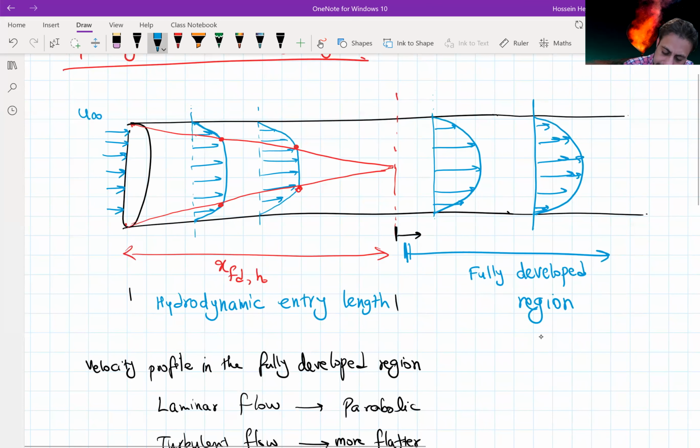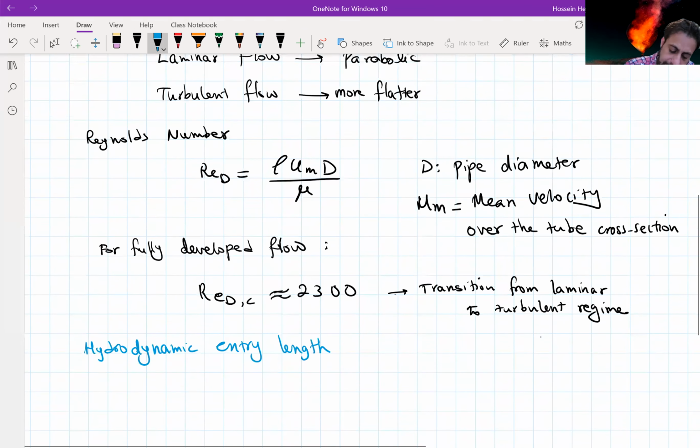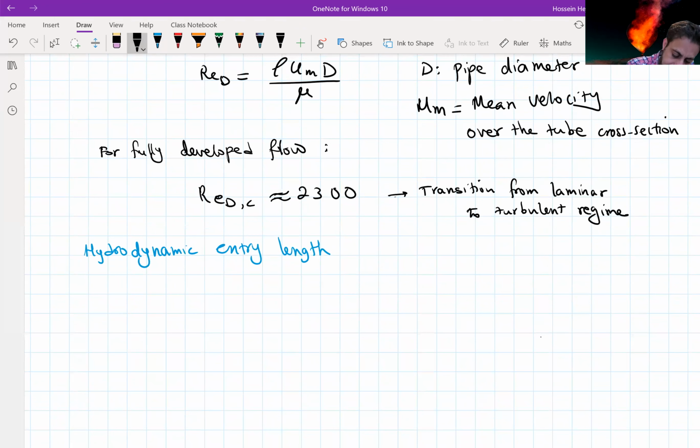Hydrodynamic entry length. Just recall that this is the hydrodynamic entry length that we are looking at, x_fd,h. We generally show the length of fully developed flow as a ratio with the pipe diameter.